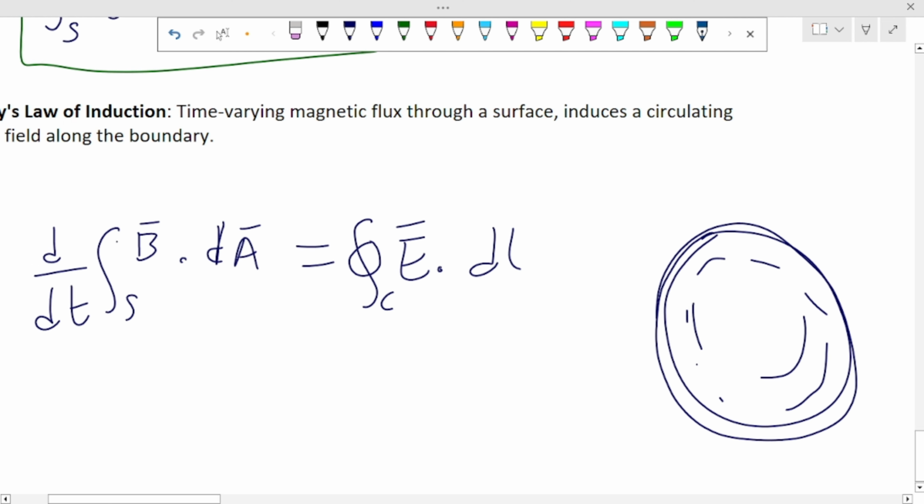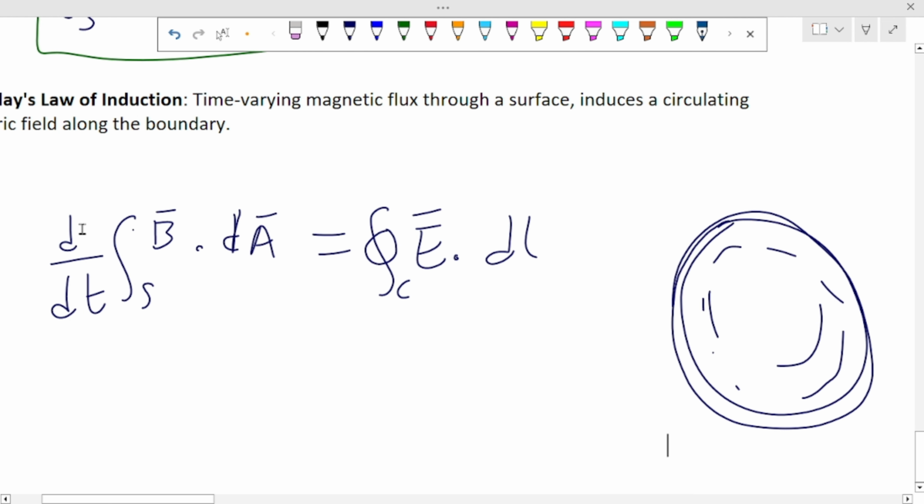So what they are saying here is that this magnetic field that changes with time, over the surface, it induces a circulating electric field along the line, which is the same thing as along the boundary.